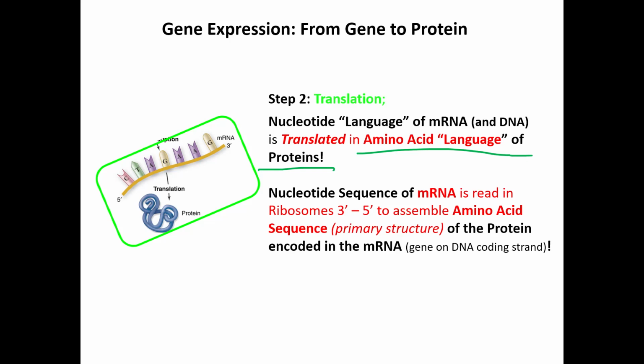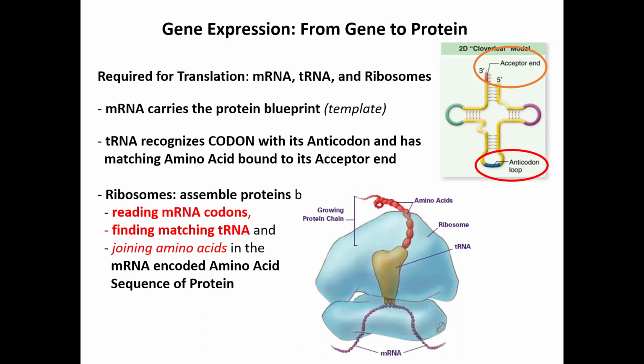That's why this step is called translation. And all this happens in the cytoplasm of the cell, where the machinery for translation is located. To do the job, we need, of course, our working copy of the gene, the messenger RNA.